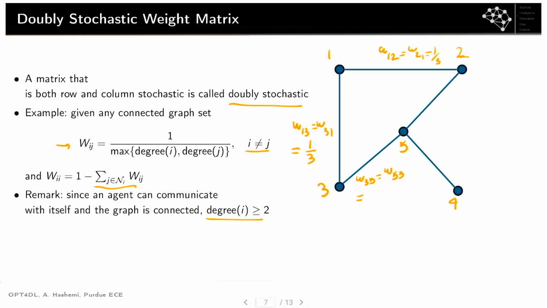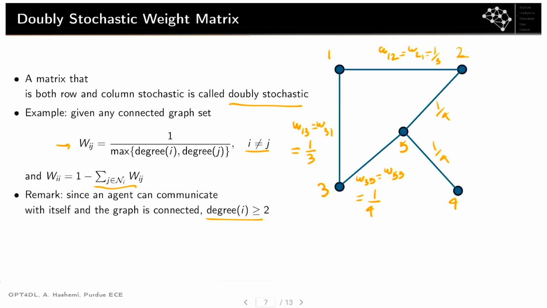It is connected to 2, 3, and 4, so 3 external neighbors, but it is also connected to itself. So the degree of node 5 is 4. It means that, according to this formula, the weights will be 1 over 4. Similarly, this will be 1 over 4, and this will also be 1 over 4.